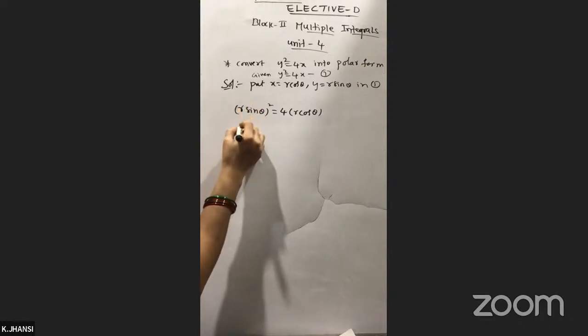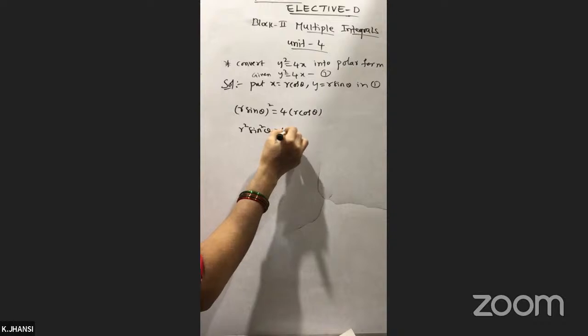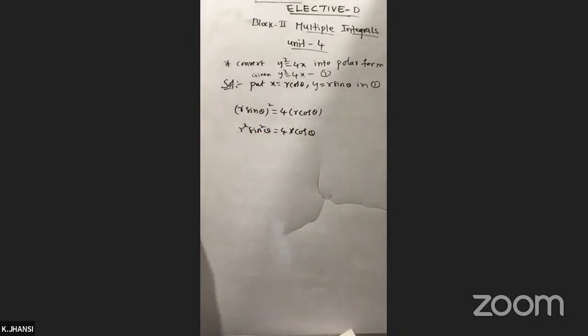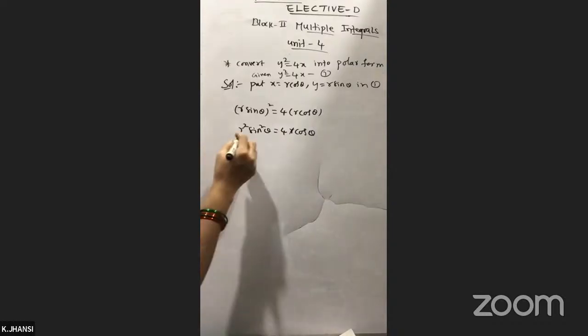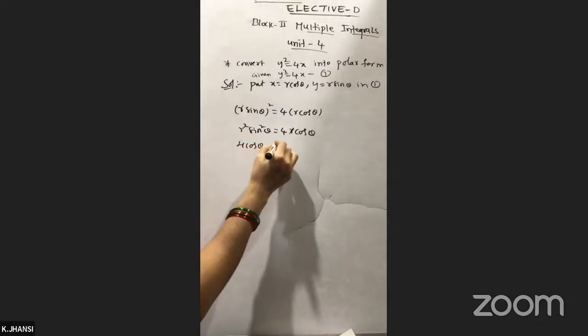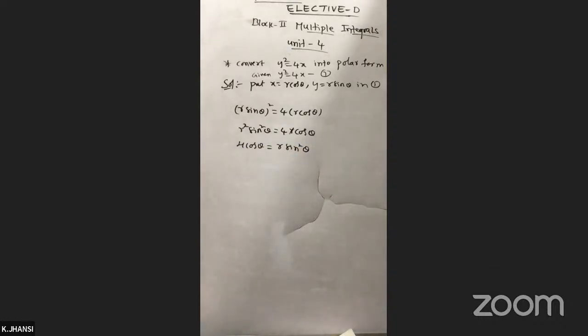When you square this, it is r square sin square theta equals 4 r cos theta. One r will get cancelled. So you will get 4 cos theta equals r sin square theta.